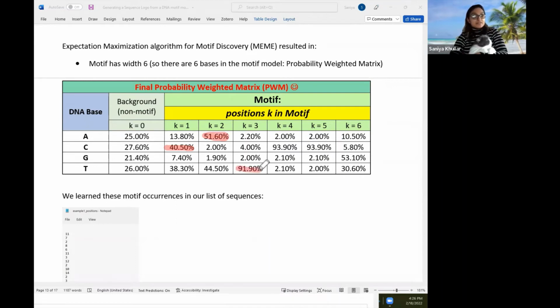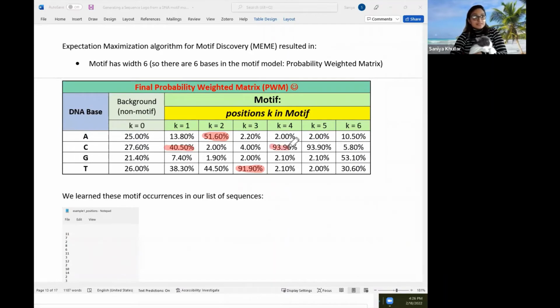In the third position of the motif, we have a 91.9% chance of a T. That is pretty high. And you can see that the others are pretty small, right? Like 2.2%, 4%, 2%. So very small, and this is really high. So you're pretty confident that in the third position in the motif it would be a T, a pretty high chance that that's the case.